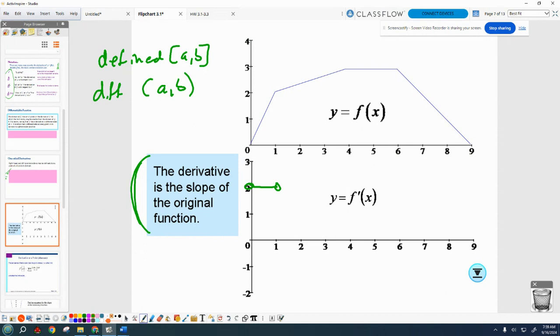Adrian, what about from 1 to 4? It's 1/3. Open or closed on the ends? Closed at the beginning. Open at the end. Why would it be closed at 1?